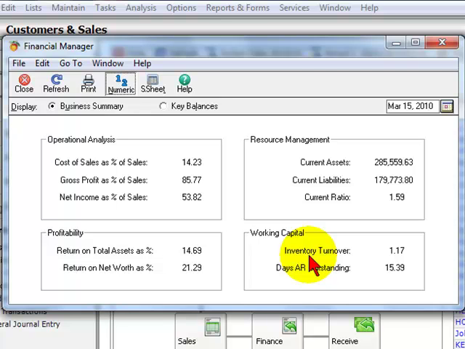This would give us a turnover rate of 10. And this would mean that we would be able to sell out our inventory 10 times during this particular period.